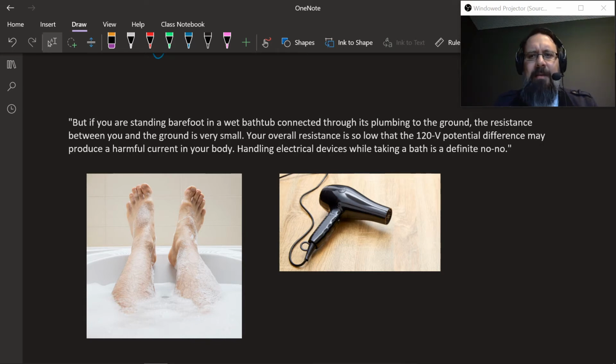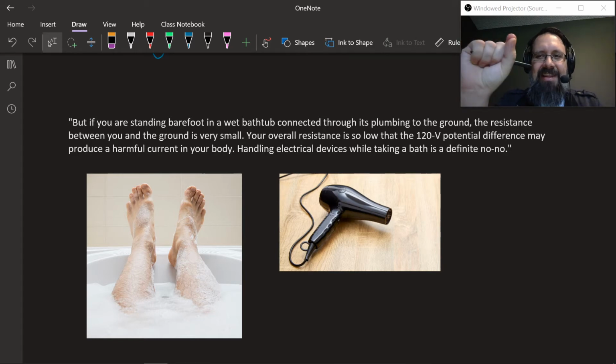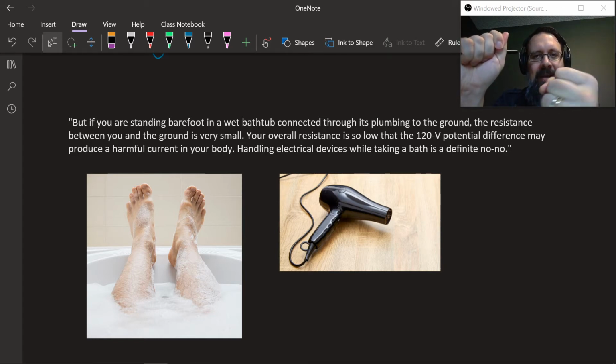However, if you're in a bathtub with bare feet and you're wet, then the bathtub is actually connected through the electrical plumbing to the ground of your house. If you get exposed to a high potential, like a hair dryer at 120 volts, and you touch it while your feet in the bathtub are connected to ground, which is neutral, there'll be a potential difference.